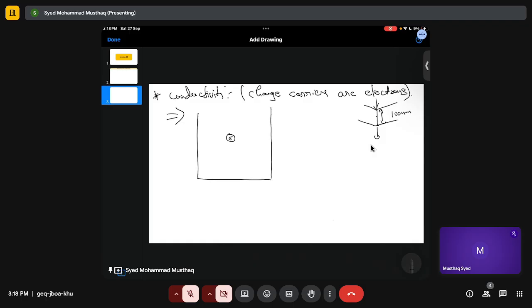Suppose I have an electron here, and it is inside a potential well, because every atom, for example, I can show you, these are my nuclei, which have protons, so there is a positive charge, and they will create a positive field.